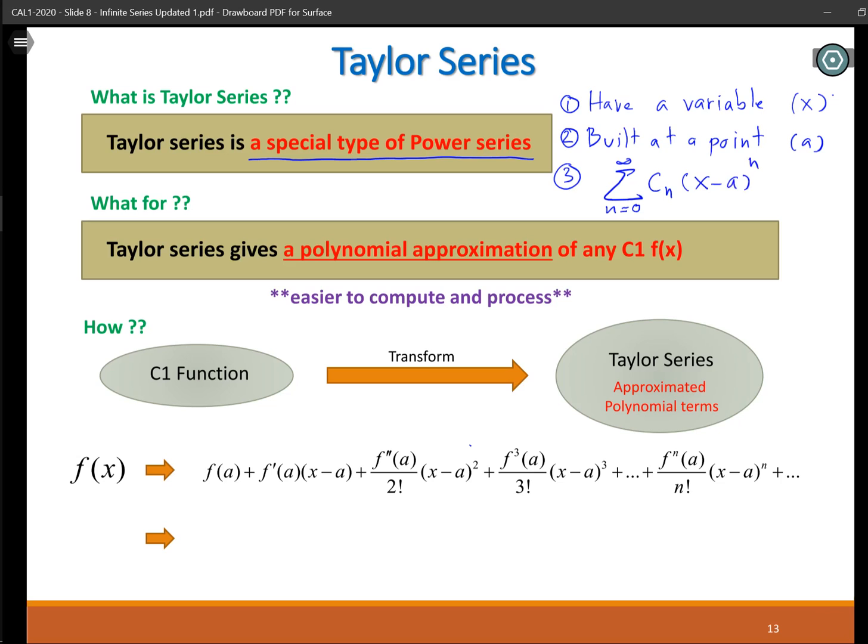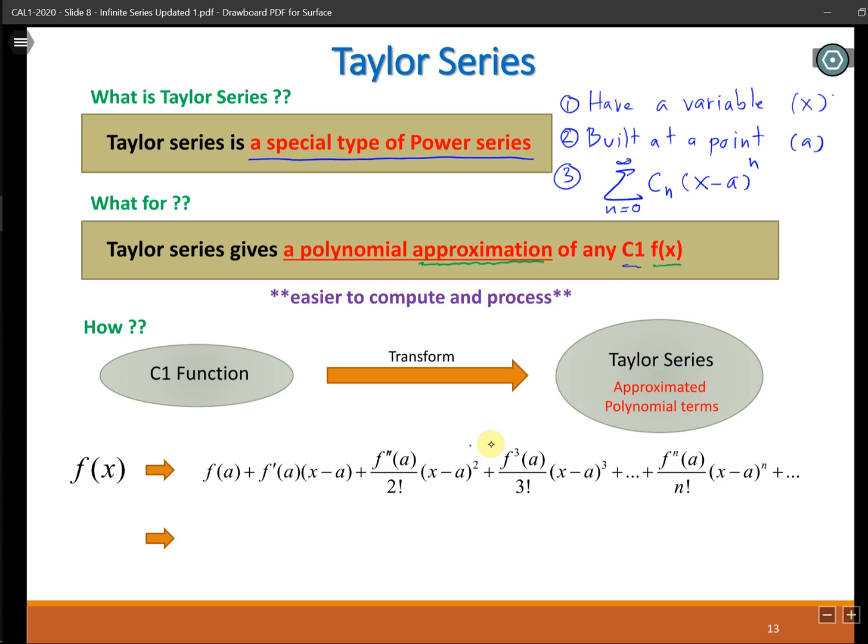All right, so the next thing we should know about Taylor series is its usage. What is it for? Why do we need to learn about it? So here's why. Taylor series can give us the approximation of any differentiable function. This is the key. Taylor series can give us the approximation of functions, but those functions have to be differentiable, and we use the notation C1 for that.